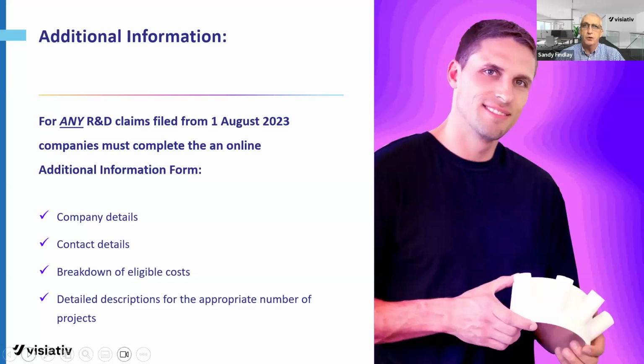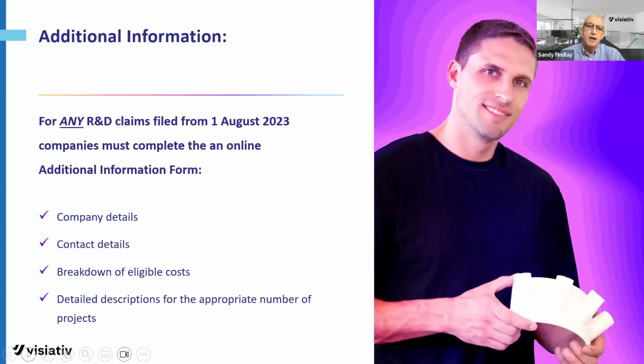They're then looking for materials, so raw materials and consumables, utilities. If you are using third-party data providers to analyze data, they'll be looking for those costs there, any software costs, and so on. And again, they're looking for more detail to be applied to the recording and the reporting of these costs.